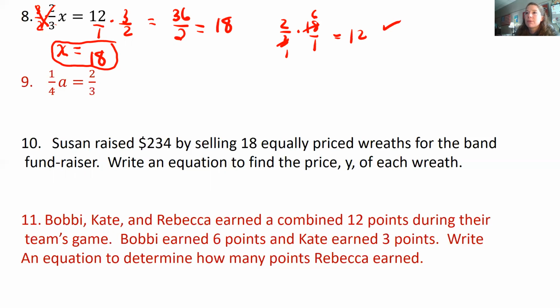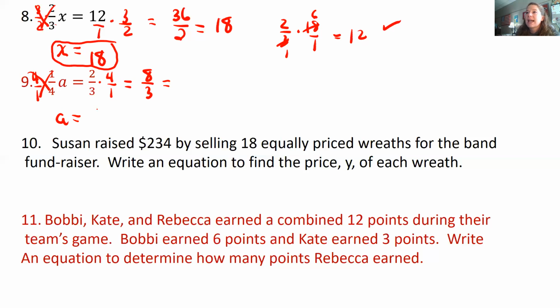I see my variable being multiplied by a fraction, so I'm going to multiply by the reciprocal. The reciprocal of 1/4 is 4/1. I'm going to do the same thing to the right side of the equal sign. 1/4 times 4 is 1. And then on the right side, I have 2/3 times 4/1. Well, 2 times 4 is 8, and 3 times 1 is 3.